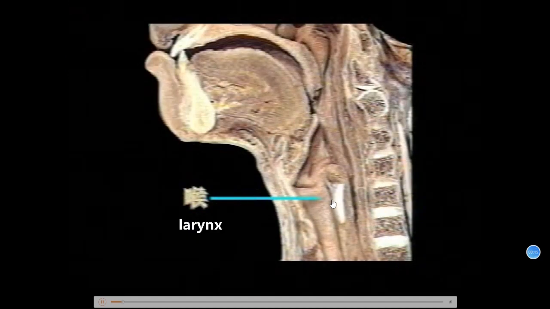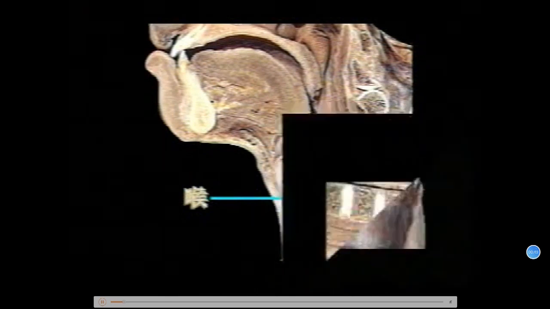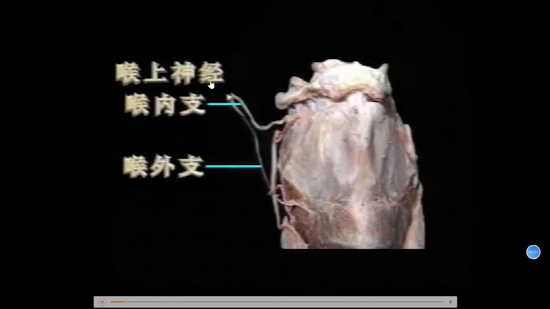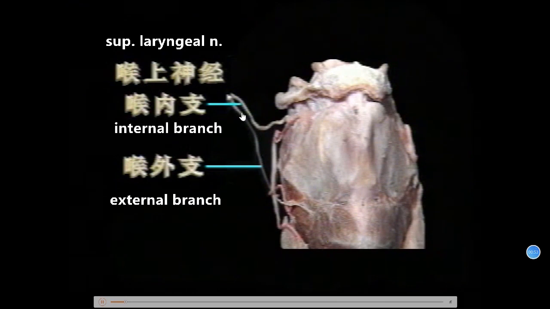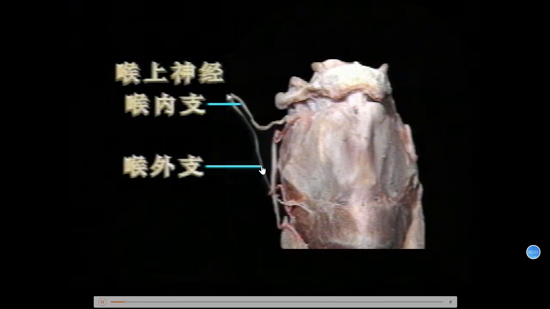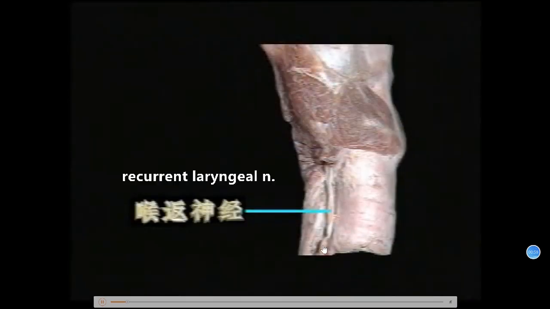The external feature of the larynx. Superior laryngeal nerve, two branches, internal branch and external branch. Recurrent laryngeal nerve and its branches.